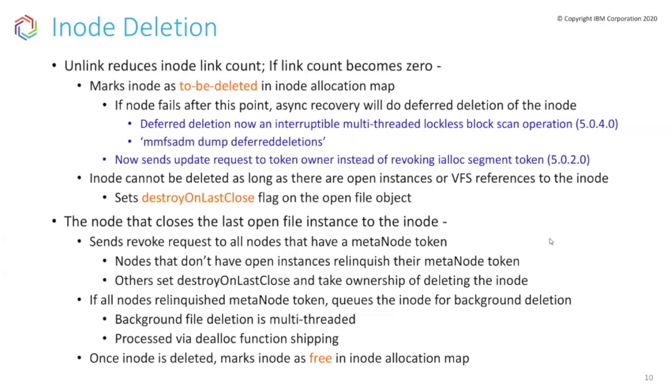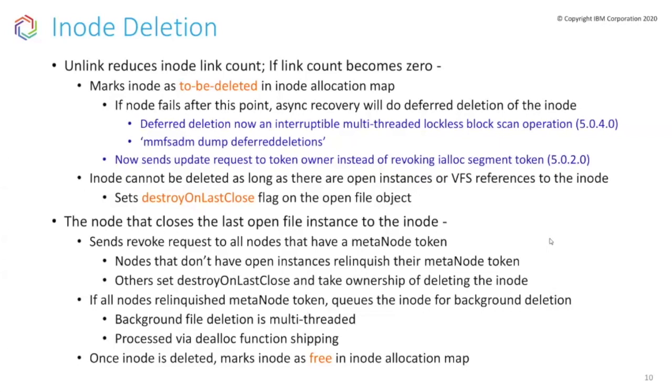Whatever the case, some kind of cleanup is now required once recovery is started, because in case there are no more references to the file anywhere in the cluster, then we have to clean up the inode.